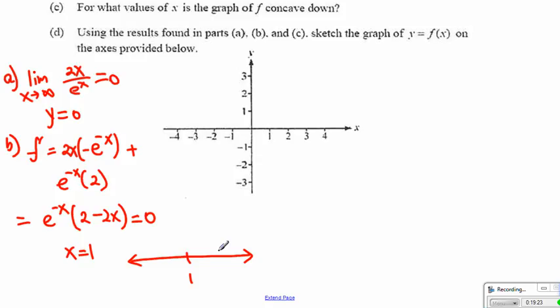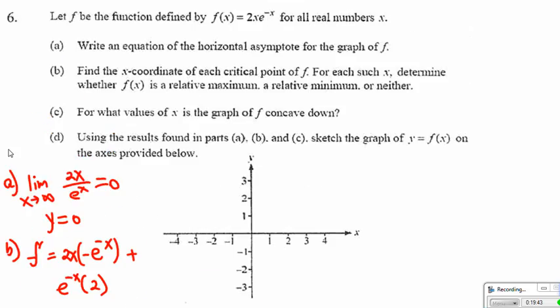When x is greater than 1, this portion will always be positive, and this expression will be negative. When x is less than 1, this expression will become positive. So positive then negative means this will be a relative maximum. That seems to be the only value.